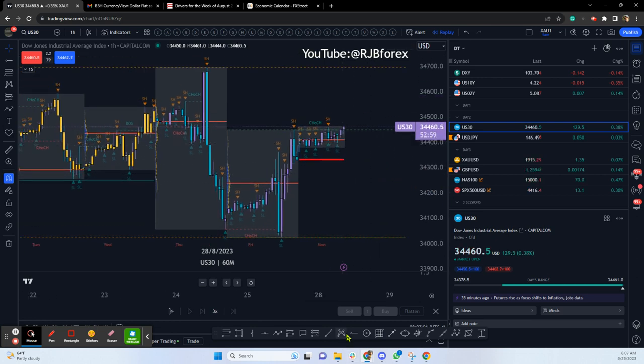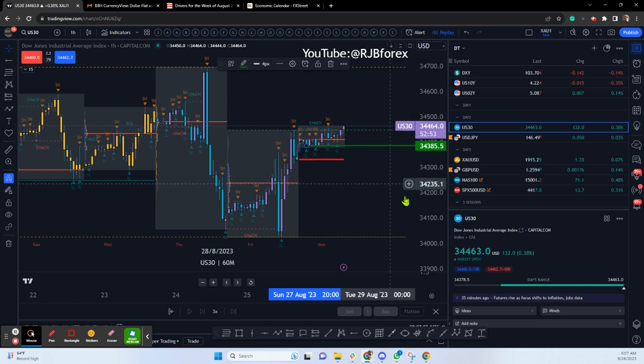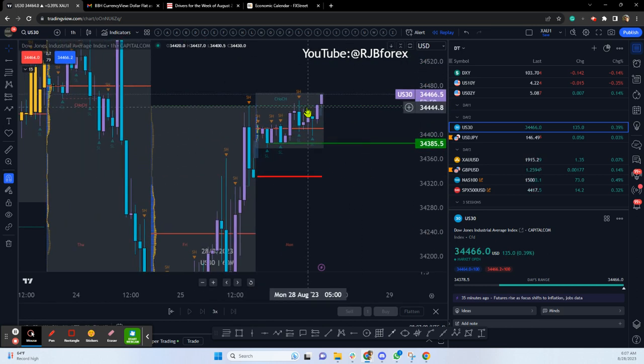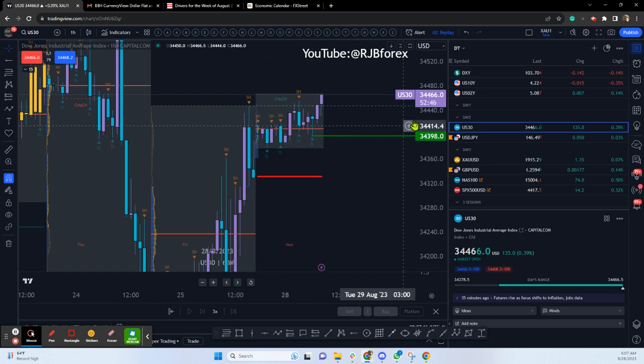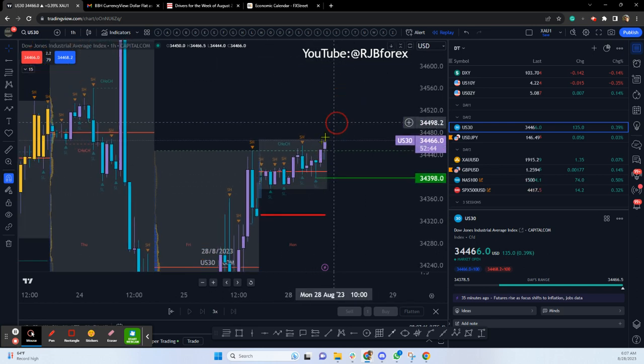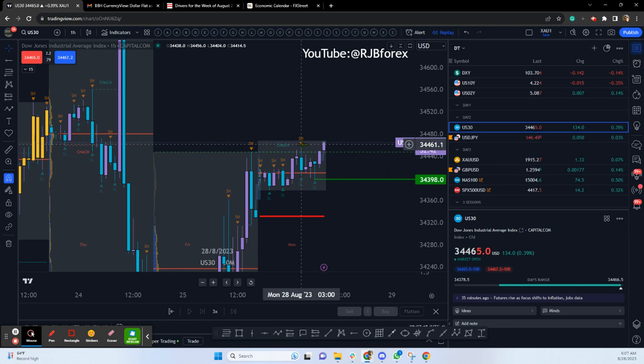So we've got our support structure to the downside here. We can actually raise that somewhat because we've formed a new low here. We're moving up currently, breaking resistance.